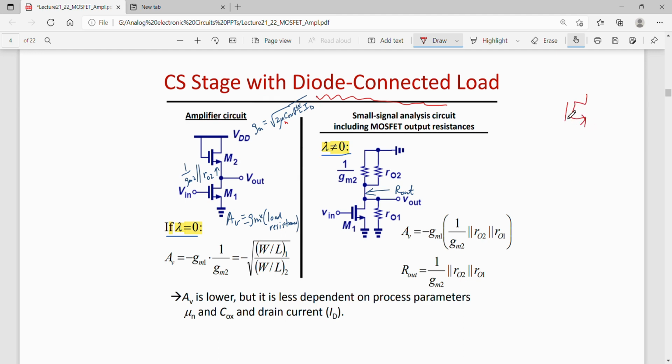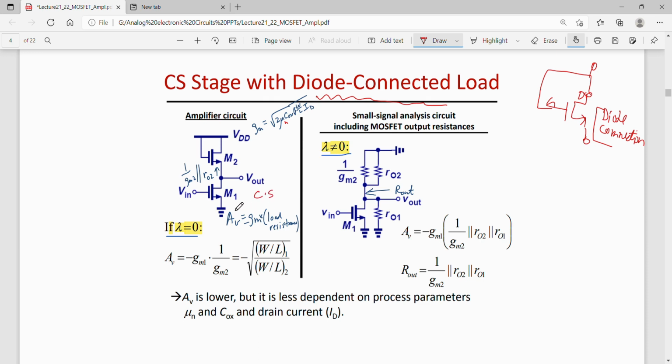If the gate and drain of the NMOS are shorted, then this becomes a two terminal device, where the gate and drain of this NMOS are shorted. This is called a diode connection. This diode connection is also valid for a PMOS; if you tie the gate and drain, that is also called a diode connection. Now this diode connected NMOS can also be used as a load.